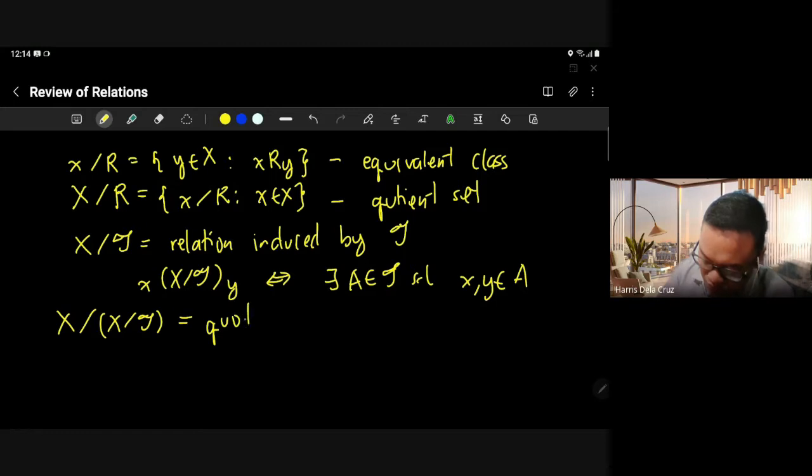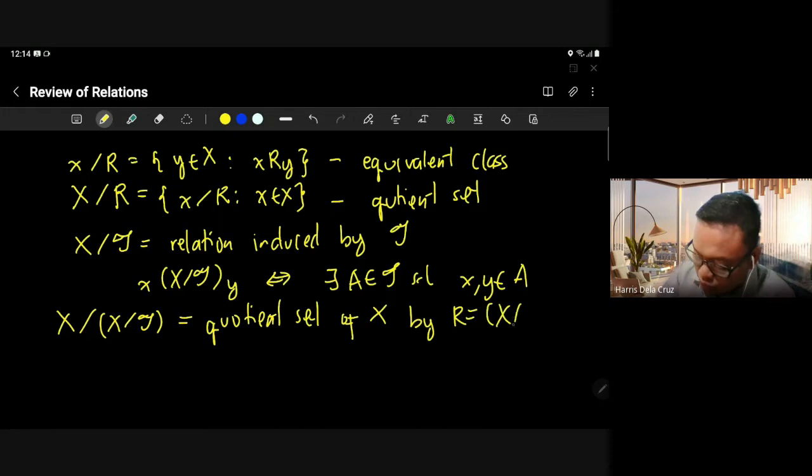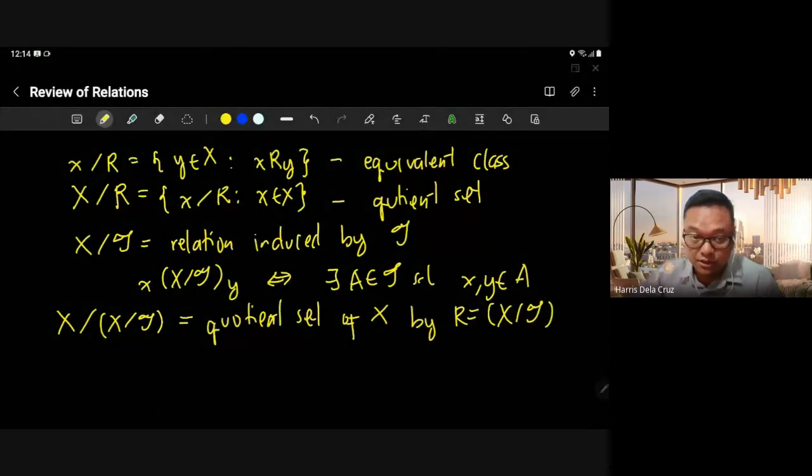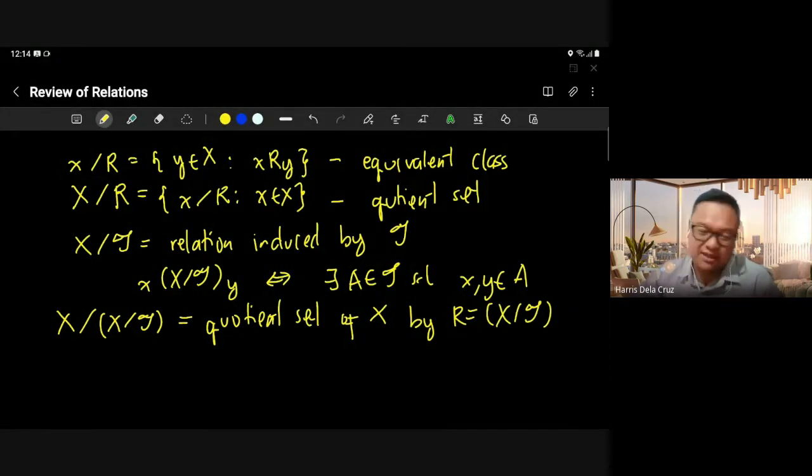This is the quotient set of X by R, where R here is the induced relation. Okay? So, be very careful with the notation. Dapat naiintindihan nyo ano yung difference ng mga notations na yan.